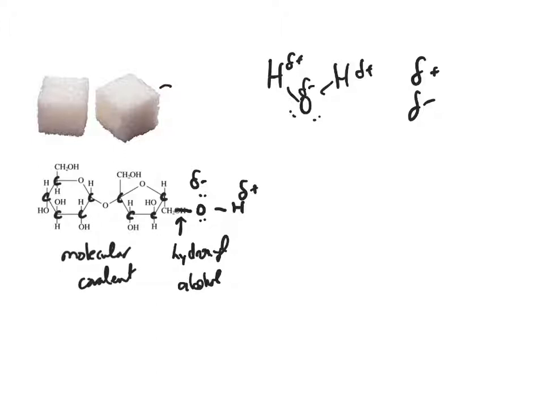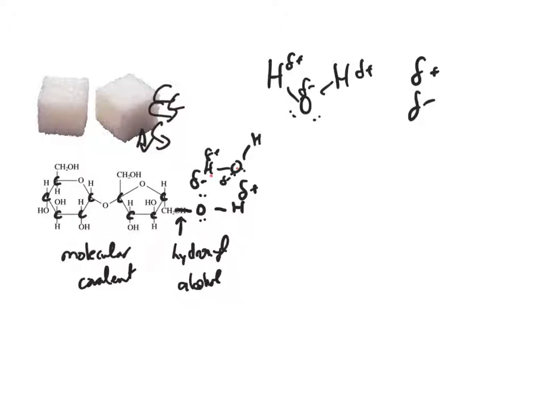And so how water comes in and plucks off all those sugar molecules is by hydrogen bonding, in that the water molecule has a hydrogen directly covalently bonded to an oxygen.